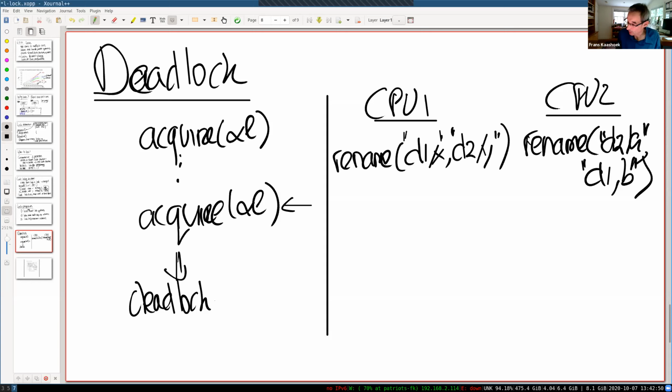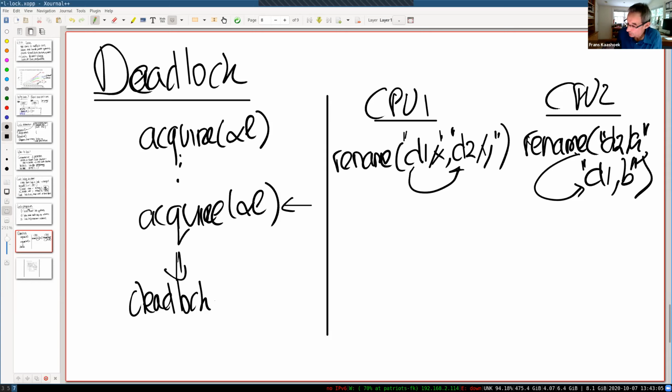The critical thing to observe here is that CPU 1 runs a rename from D1 to D2, and CPU 2 does exactly the opposite. It does a rename from D2 to D1.